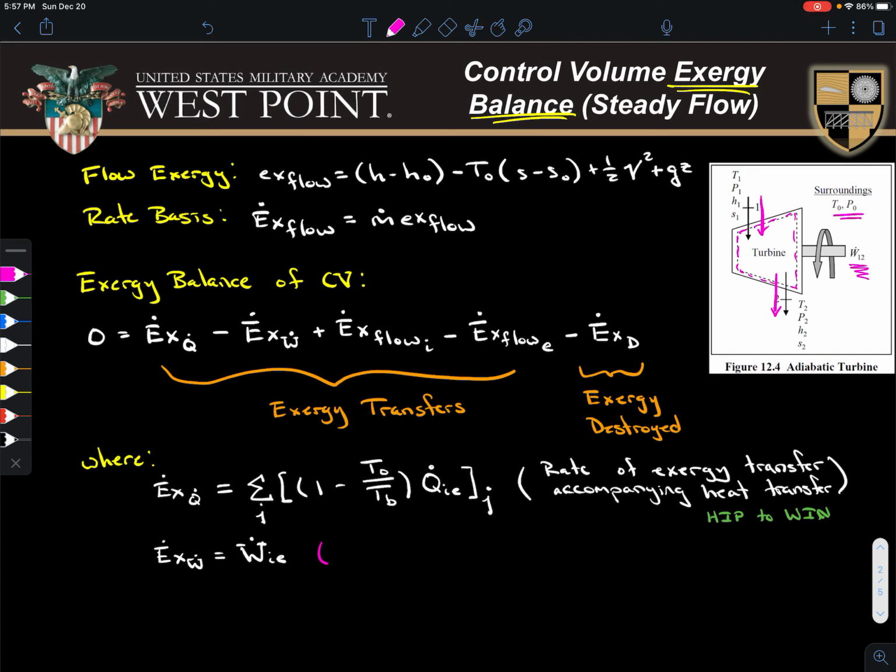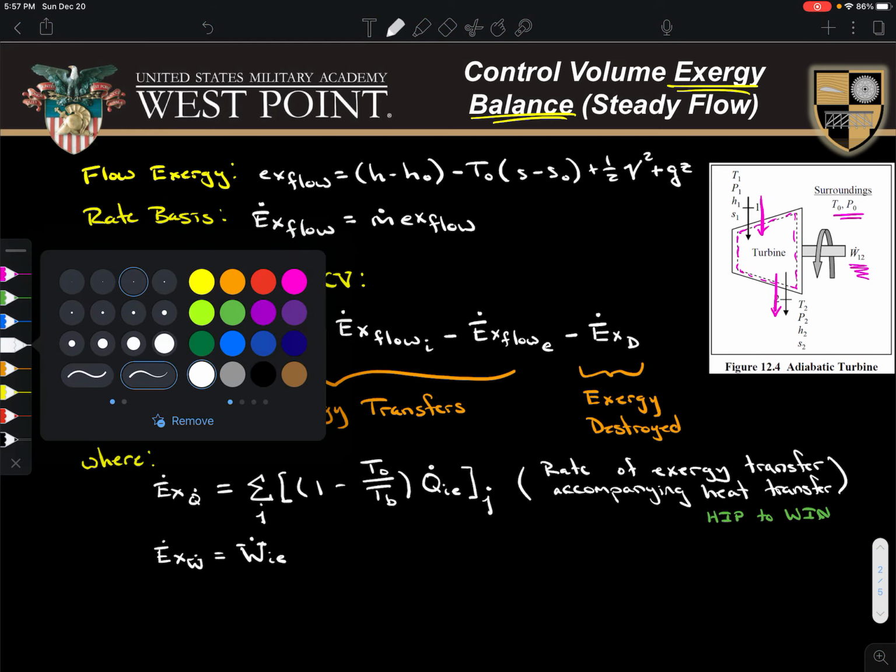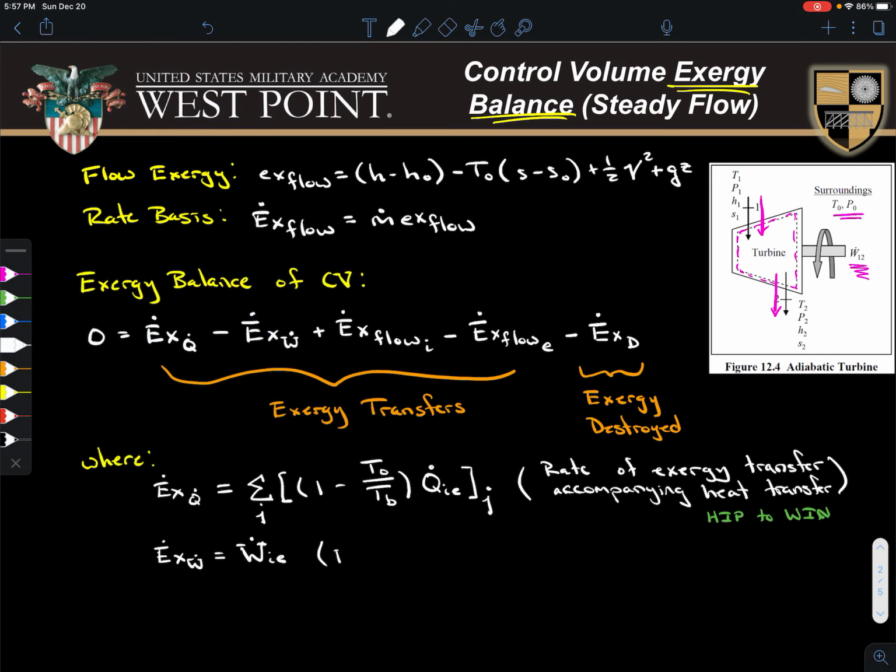So let's write that out: the rate of Exergy transfer accompanying shaft power. I think I'm going to run out of space here, so let's stack these on top of each other.